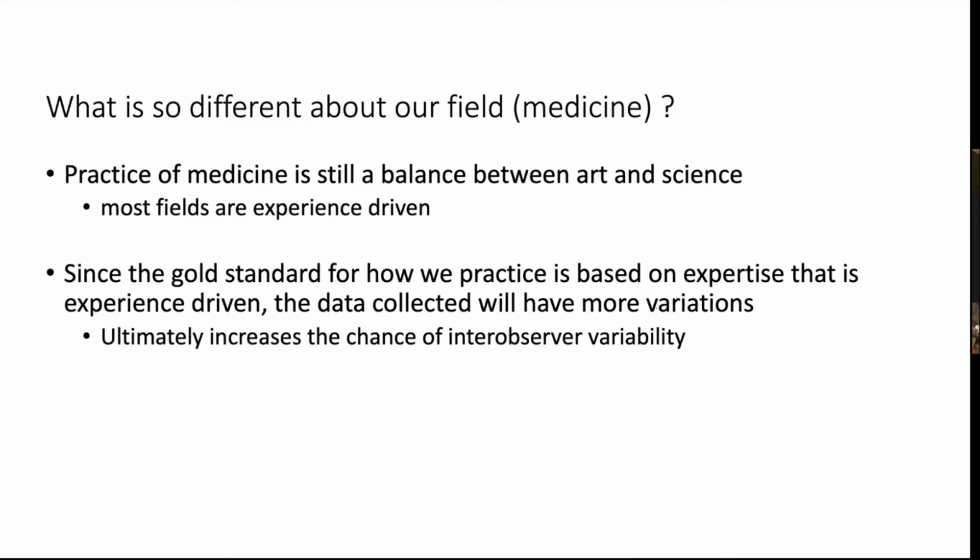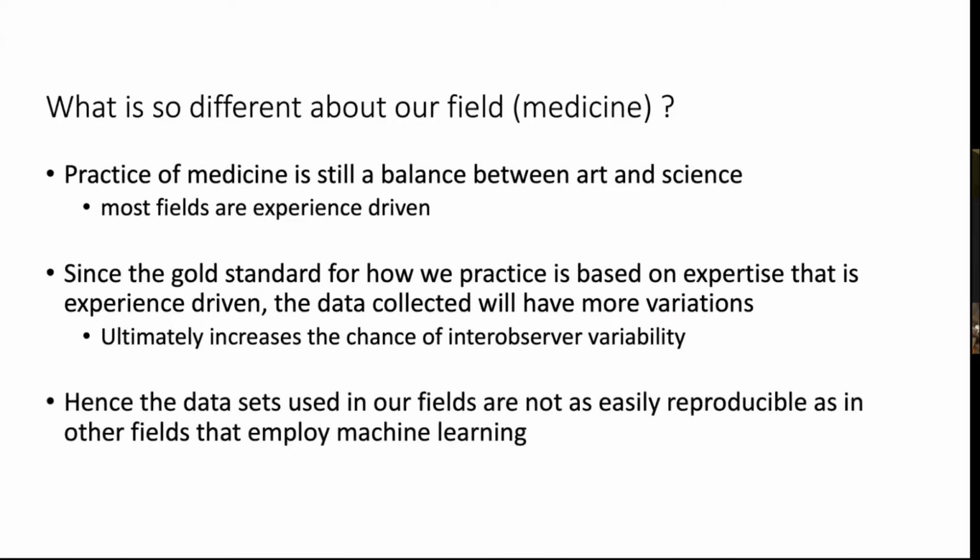We heard about a talk not too long ago where the speaker was from critical care, and they were saying that between their experts, they could be off by as much as 40%. Obviously in pathology, we're not off that much, but it depends what kind of field you're talking about. So minimizing this inter-observer variability is key to making sure that your data is reproducible.